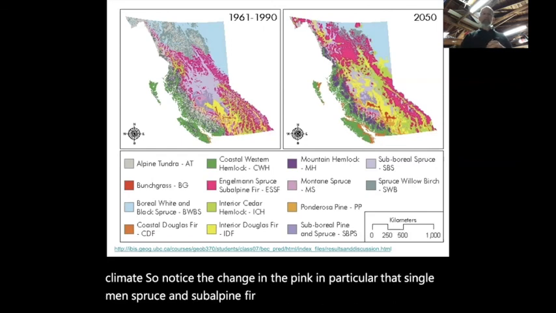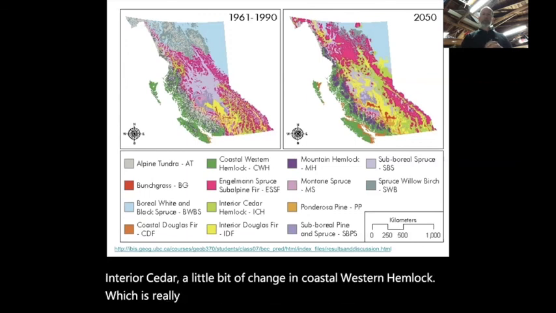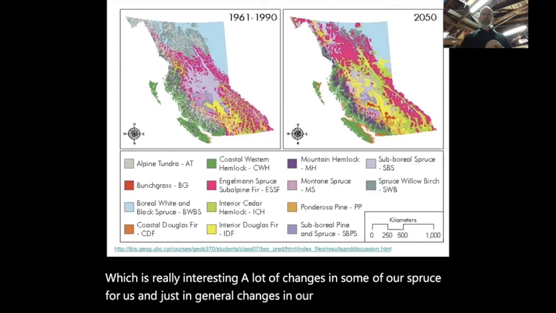There's tremendous change in interior cedar, a little bit of change in coastal western hemlock, which is really interesting. A lot of changes in some of our spruce forests, and just in general changes in our species distribution by 2050 that get more dramatic.